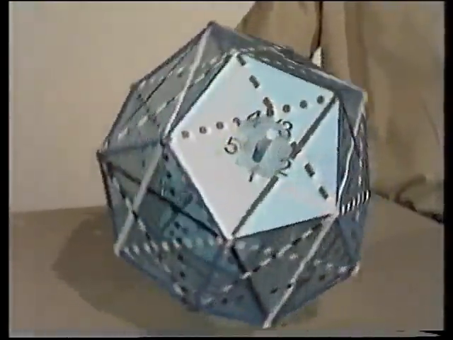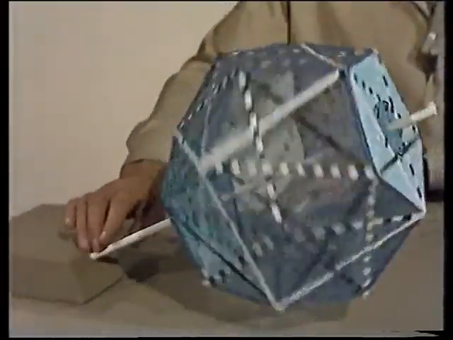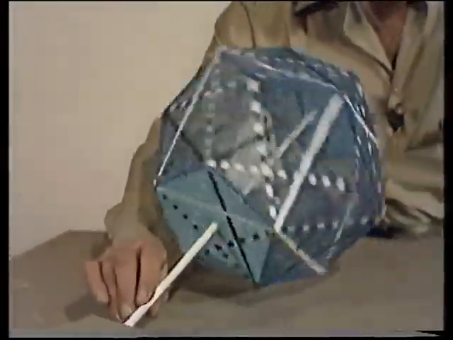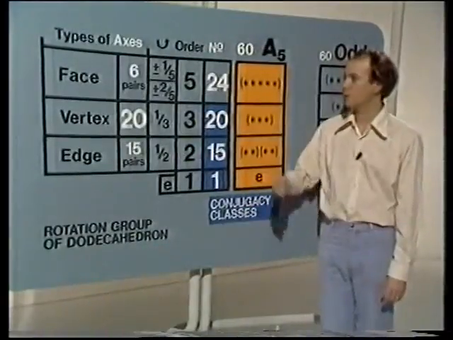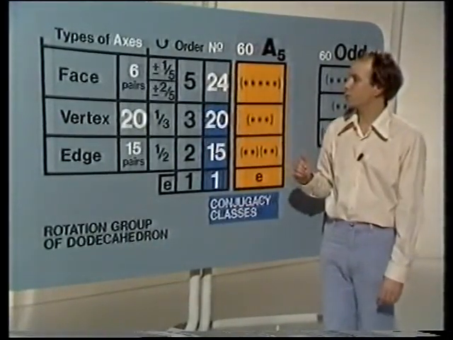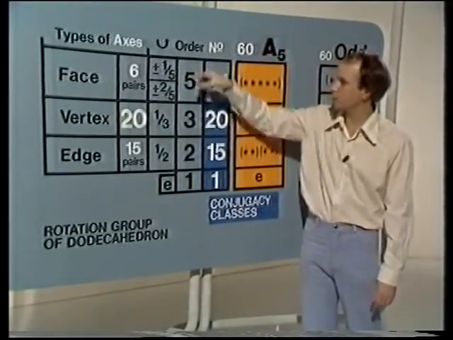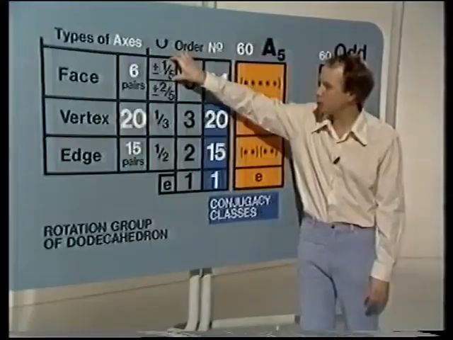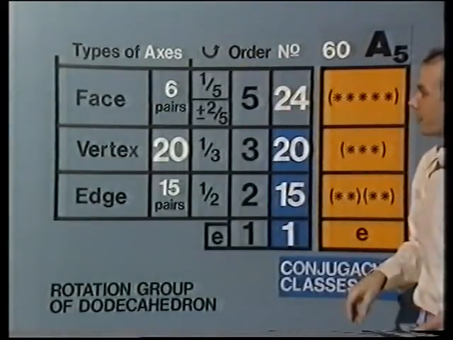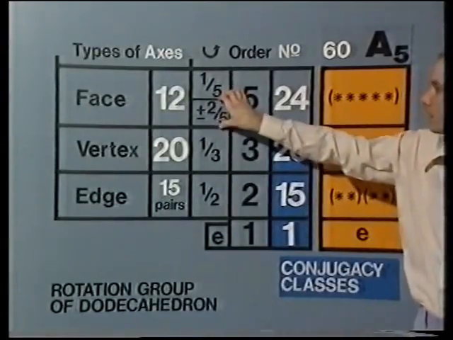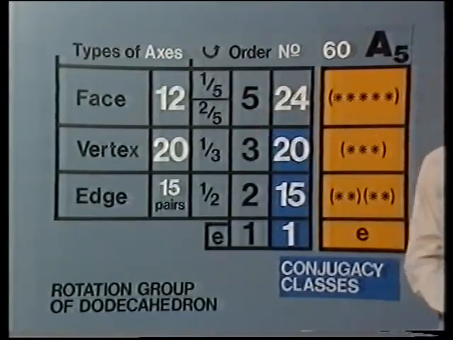Now, what about face axis rotations? Well, clockwise rotation about one face is the same as anti-clockwise rotation about the opposite face. So, the 6 face axis rotations through plus 1/5 and the 6 through minus 1/5 can each be thought of as the same operation, rotation through plus 1/5, about axes at 12 different faces, and similarly for the plus or minus 2/5.